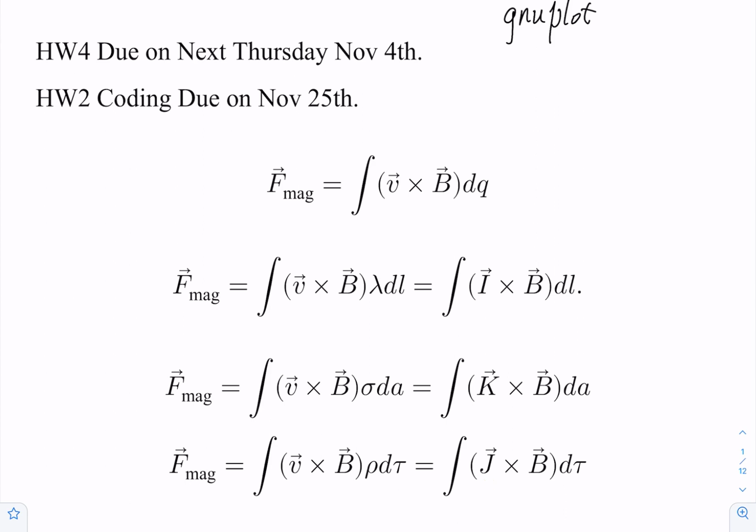Correspondingly, we need to change the line charge to surface charge to volume charge, and in the end, we get that the magnetic force felt by a surface current is simply the integral of K cross B, integrating over all the surface, and J cross B integrating over the volume.